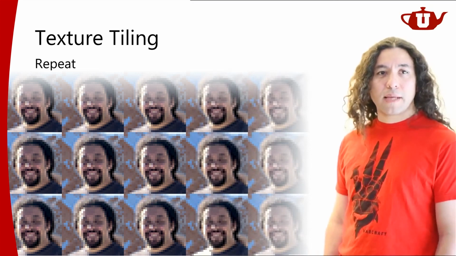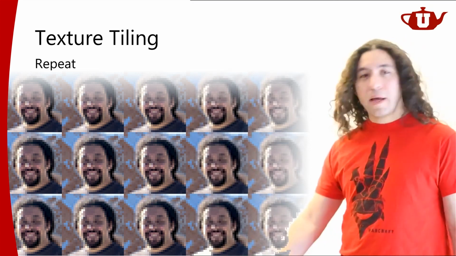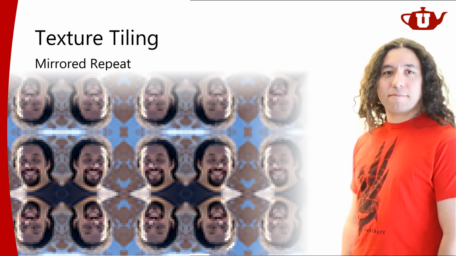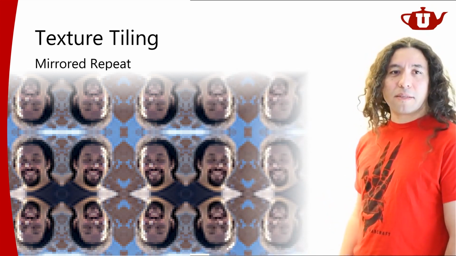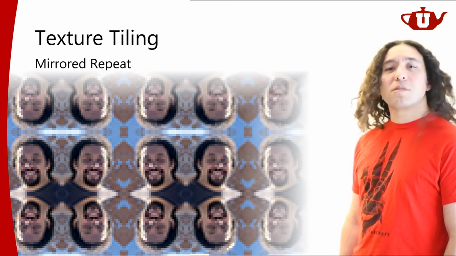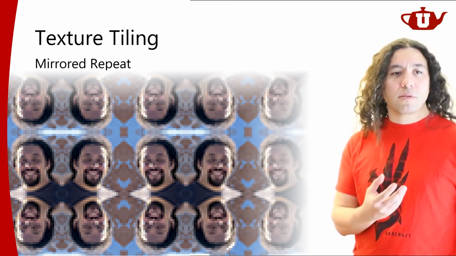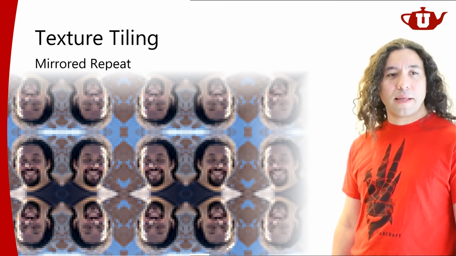So this is the repeat mode. And there's also mirrored repeat mode. I think it's fairly obvious what it does. So these are the different modes that we can do. Once you specify this mode and your texture data, all you have to do is give the GPU the texture coordinate to sample, and that's it.